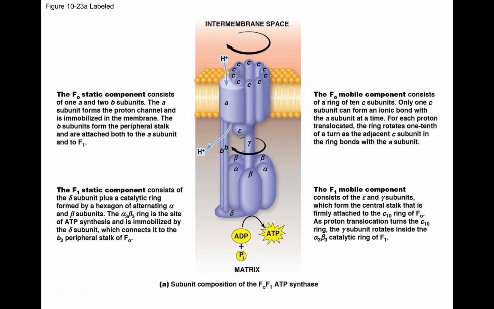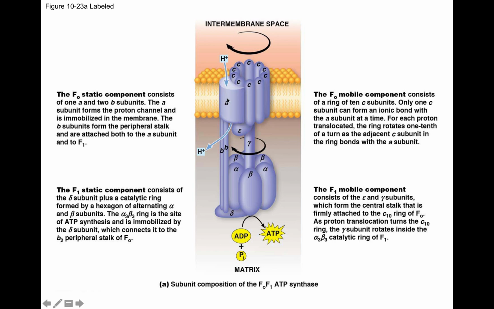Okay, now we have our regular proton gradient. Let's say we're not taking DNP and we are not expressing thermogenin, and we have a high concentration of hydrogen in the intermembrane space and a relatively low concentration in the matrix.